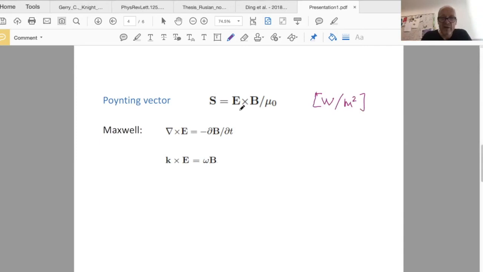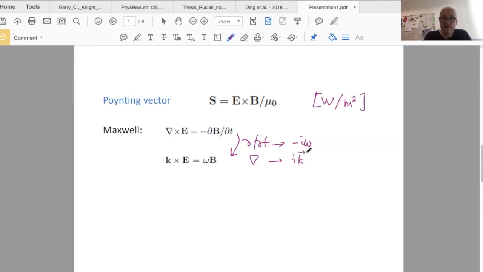But to calculate it, we need the magnetic field. So Maxwell's equations tell us how B is related to E. So if you take the time derivative of B, it is the curl of E. And now we make use of the fact that we have traveling plane waves, which means that the time derivative can be replaced by minus i omega, whereas the spatial derivative can be replaced by just i times the k vector.